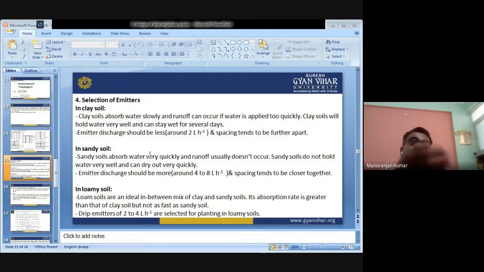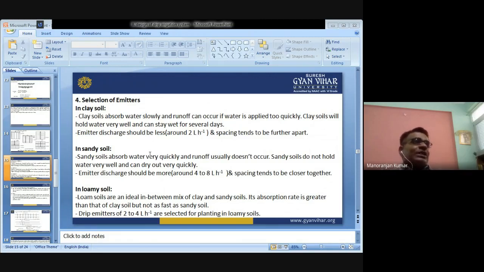If you apply a high discharge emitter on clay soil, more water will remain on the soil, and evaporation may take place. This is nothing but a loss of water. That's why we should choose a lower emitter discharge for clay soil, and for sandy soil you can choose a high emitter discharge.